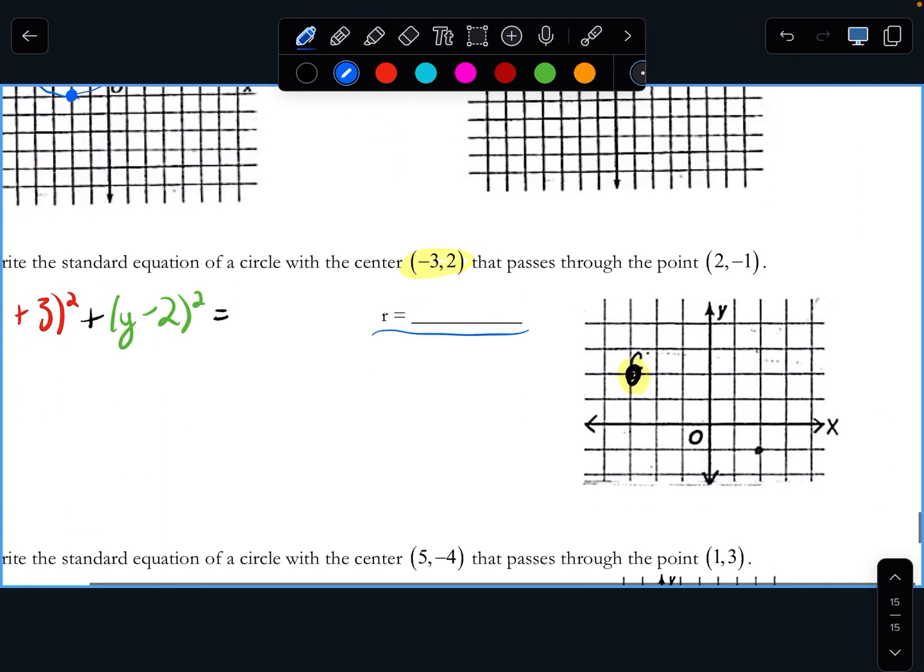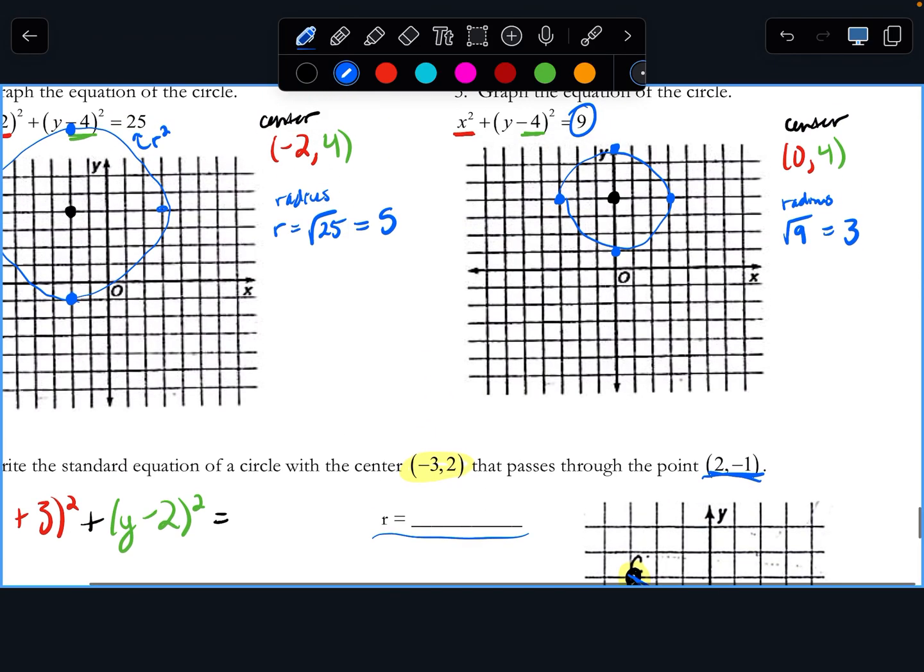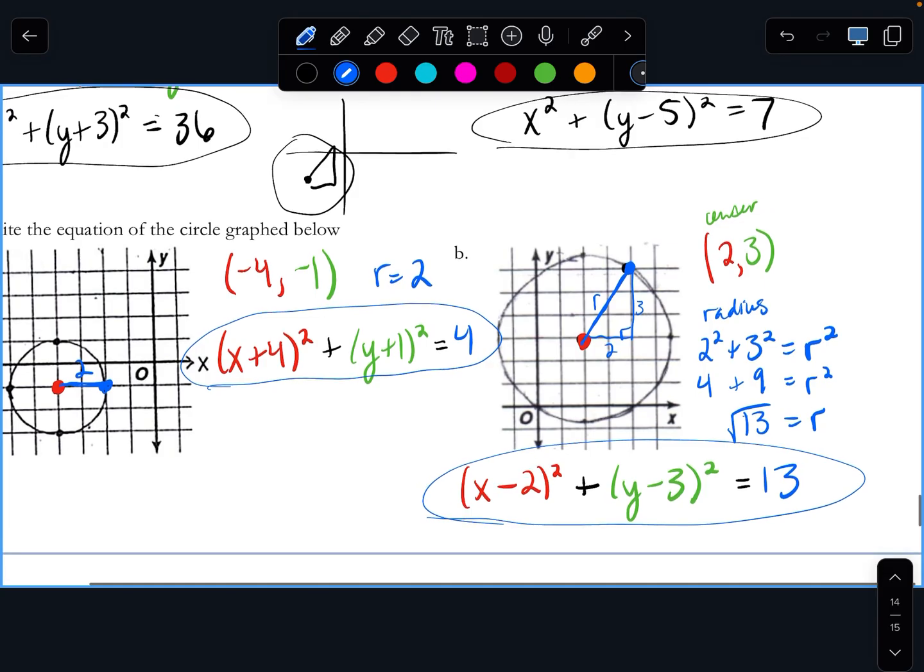So what you need to do is figure out, if the circle passes through that point, this would be the radius, wouldn't it? Right? And on the test, there will be graph paper or grid paper, you know, so you can draw it if you want. And then now you're just going to find the r, just like how you did on this other one.